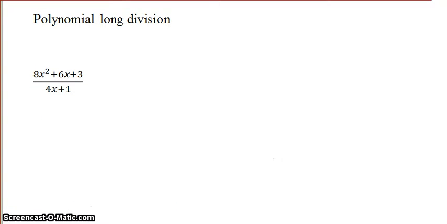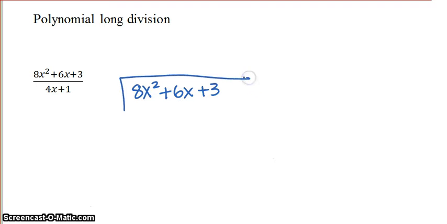Same kind of concept in the sense that the top part is going to go inside, so I'm going to write 8x squared plus 6x plus 3 inside, and then I'm going to have the 4x plus 1 on the outside. Now it's a little bit different in how we figure it out.